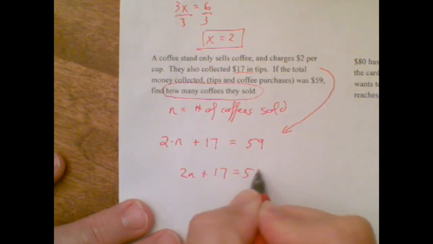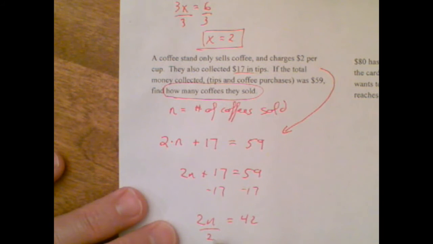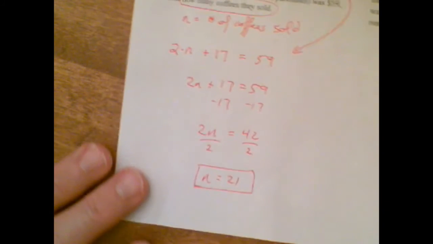I'm just rewriting this. So instead of saying 2 times n, it's just 2n. So I got n equals 21, went off the screen.